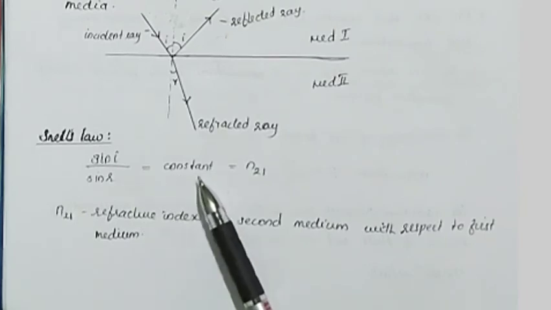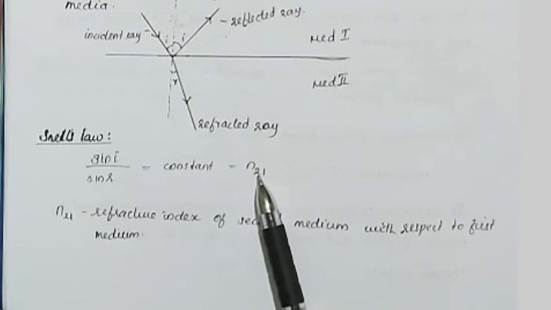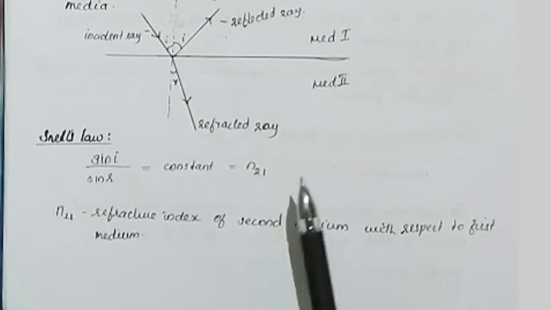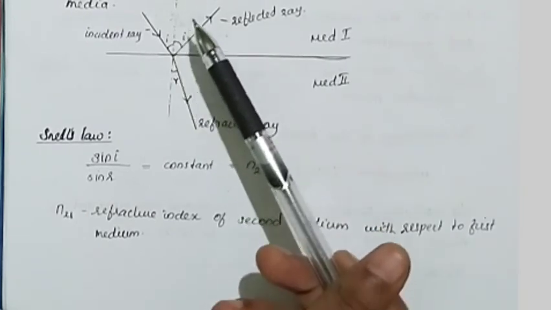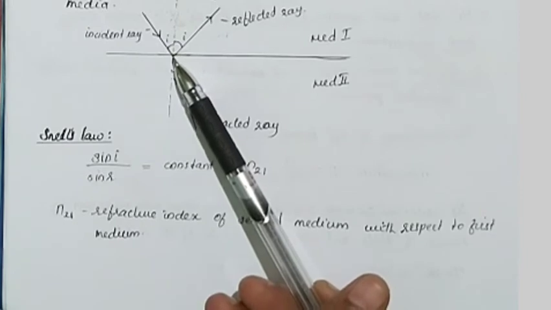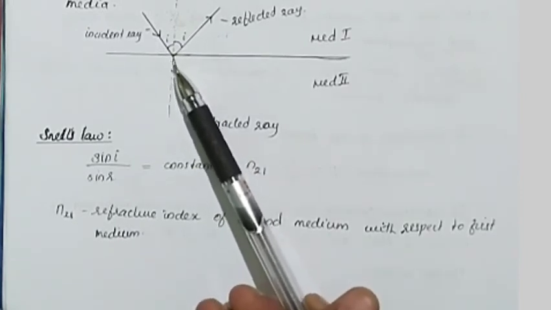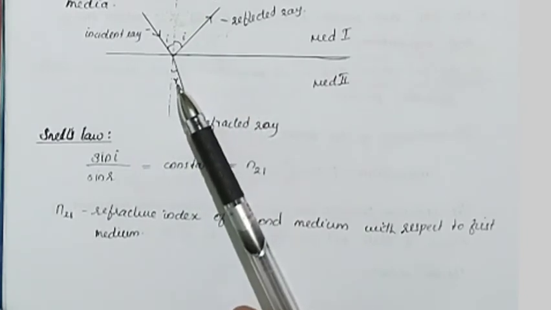As we said, the second law is also known as Snell's law, and according to Snell's law, sin i by sin r is a constant, and that constant is known as the refractive index of medium 2 with respect to medium 1. The angle made by the incident ray with the normal in the first medium is the angle of incidence, and after refraction the refracted ray makes an angle with the normal in the second medium, which is known as the angle of refraction.